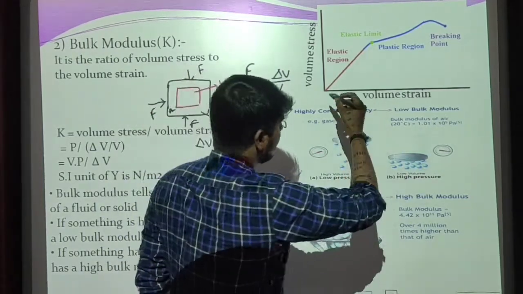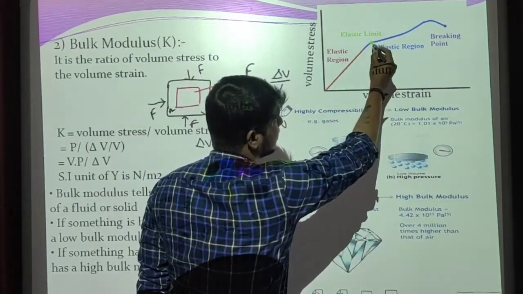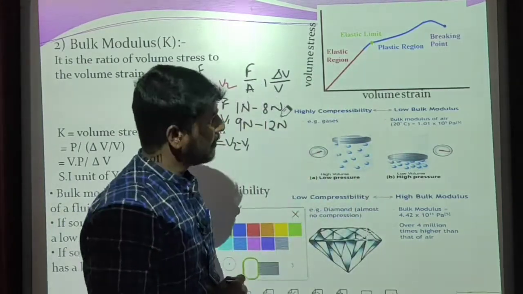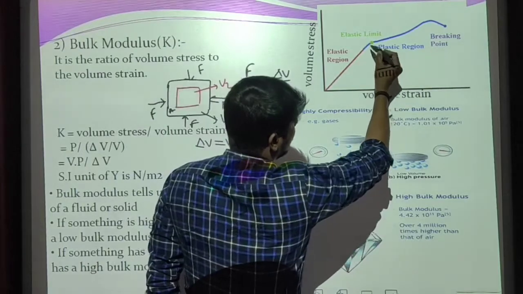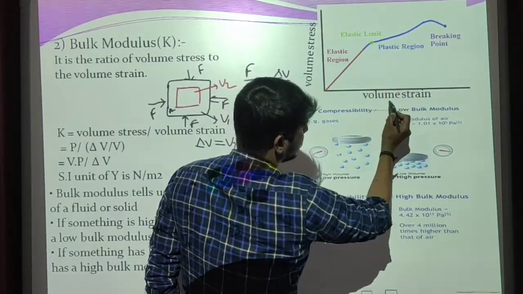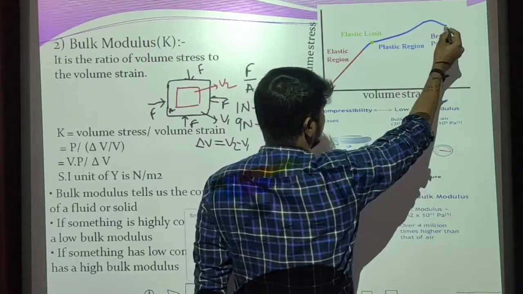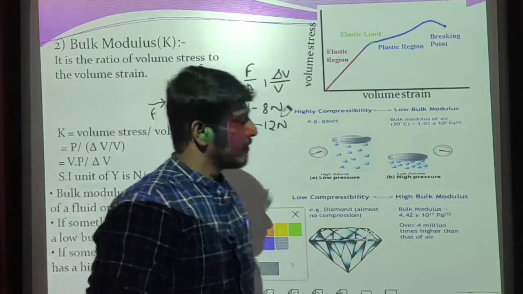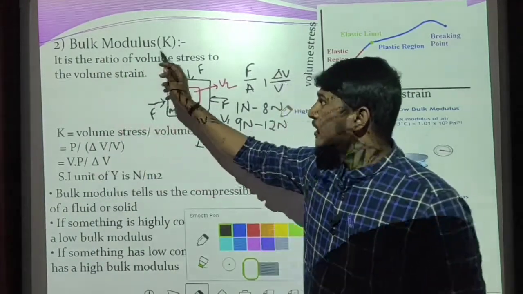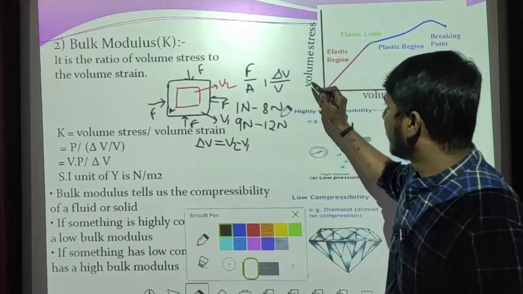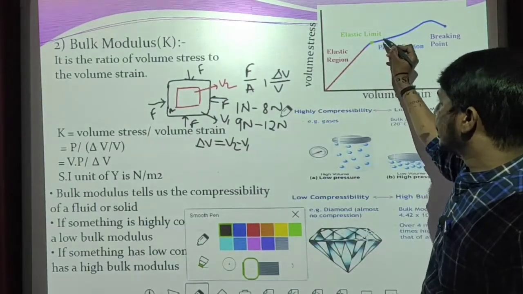And here same, from 0 to a certain elastic limit, volume stress is directly proportional to the volume strain, and above the elastic limit, volume stress is not directly proportional to the volume strain, and after some point it will break into two parts.